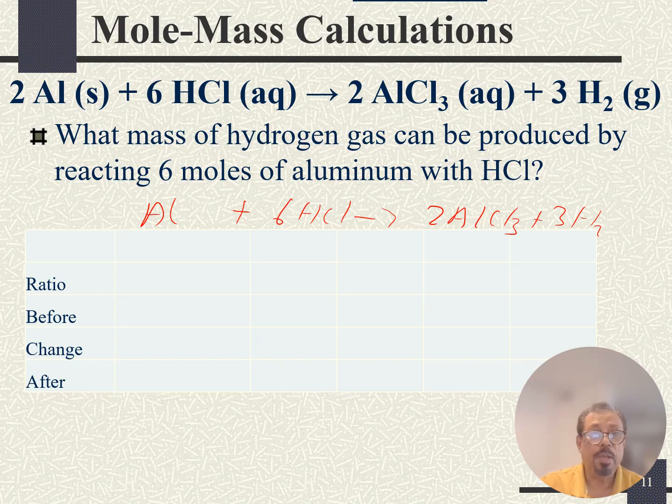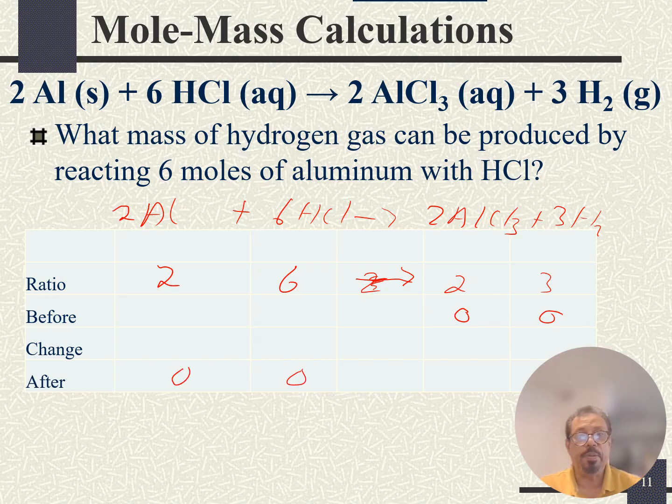Okay, and it is balanced, so we can see here 2 and 6 to 2 and 3. So the ratio is 2, 6, 2, 3. Of course, for the products, the initial amount is always 0, and for the reactant, the result is 0.